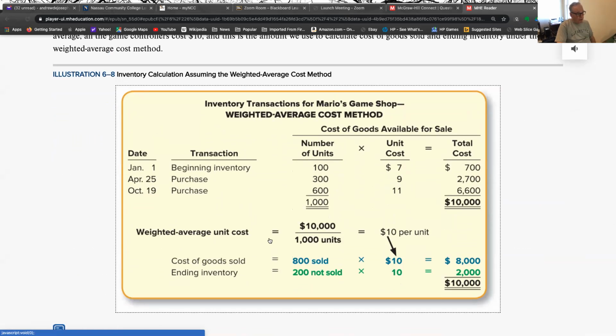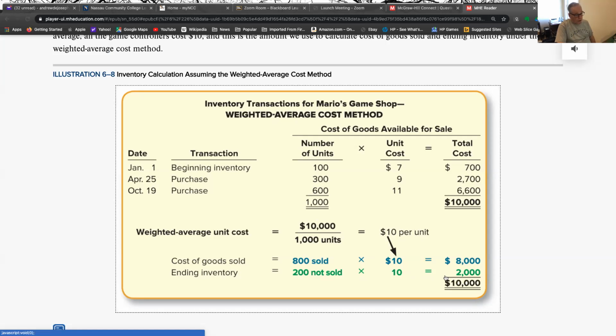The average cost of a unit is $10, right? If I paid $10,000 to buy 1,000 of these things, the average price I paid was $10. If I have 200 of them left, 200 times 10 is 2,000. Ending inventory is 2,000.